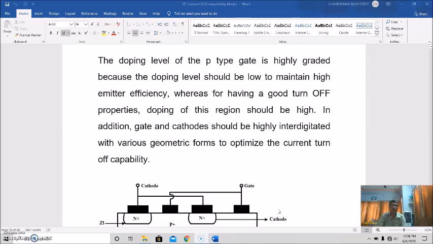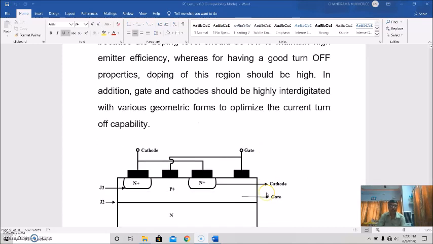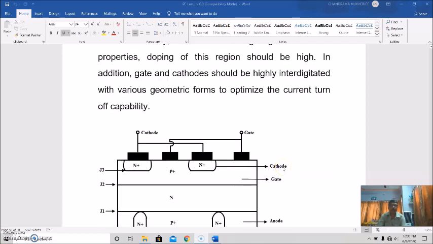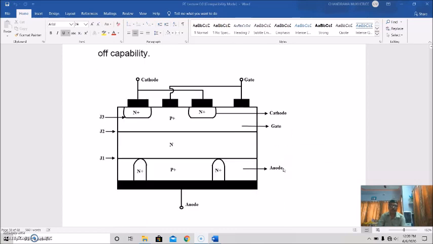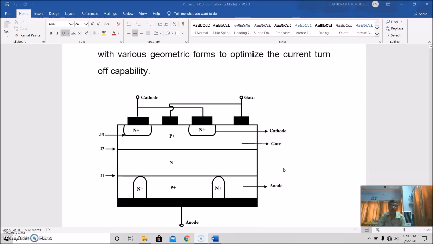The doping level of the p-type gate is highly graded because the doping level should be low to maintain high emitter efficiency, whereas for good turn-off properties, the doping of this region should be high. In addition, gate and cathode should be highly interdigitated with various geometric forms to optimize the current turn-off capabilities.